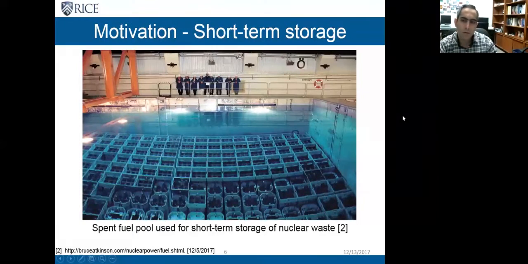For short-term storage, special pools are used, which are called the spent fuel pool. In these pools, the spent fuel is kept below water, and water circulation cools down the fuel, and it also acts like shielding for the radiation. The spent fuel has to remain in these pools for at least 5 years before it's transported to interim storage facilities.